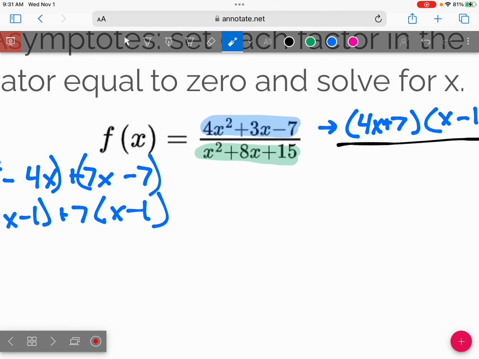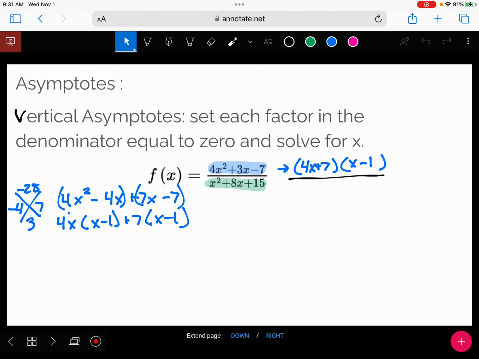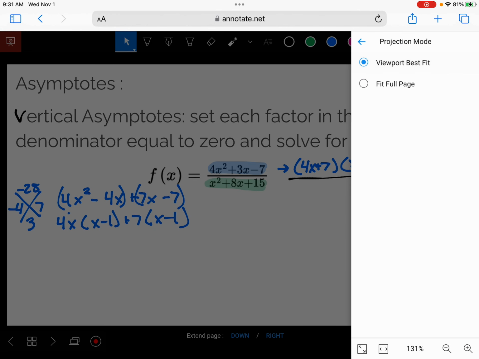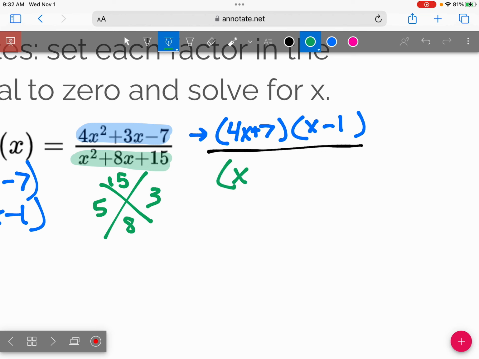When you don't have an A value, like for our denominator, we can take the shortcut. So when we have no A value, we can absolutely just take what's in our x frame. So a pair of numbers that multiplies to make 15 and adds to be 8: 5 and 3. This one does just give us x plus 5 and x plus 3.